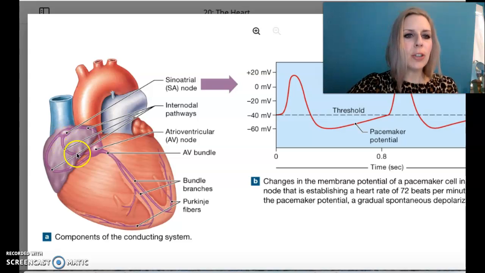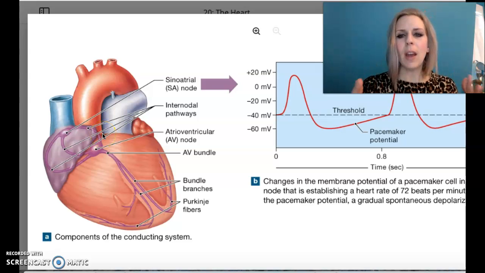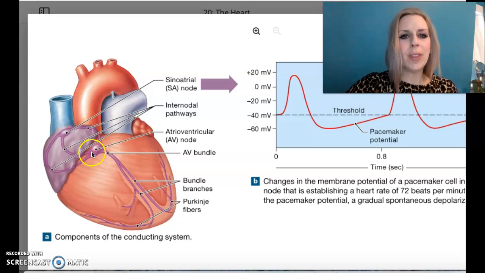Now, these are your internodal pathways. The internodal pathways will spread the impulse from the SA node on to the AV node or this atrioventricular node. The atrioventricular node sits right on the border of the atria and the ventricle, so the right atrium and the right ventricle.